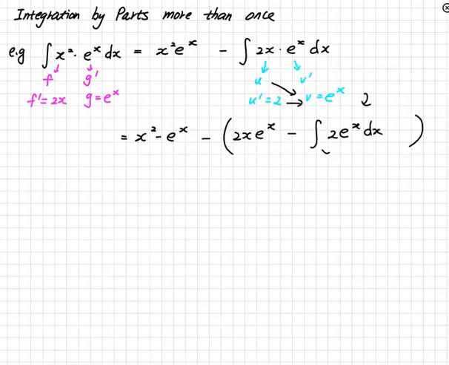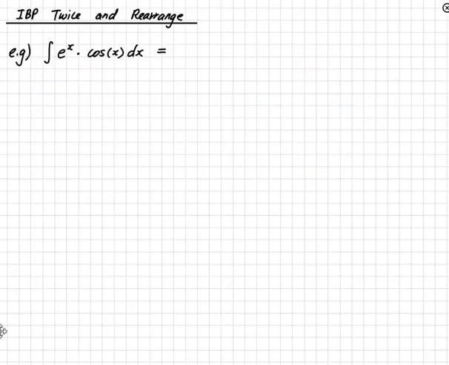Now we can see this can be integrated very easily. So let's continue. So we have x squared times e to the power of x, minus 2x e to the power of x, plus the integration, because you have negative and negative, so that's plus, and then integration of 2e to the power of x is still 2e to the power of x, plus c.